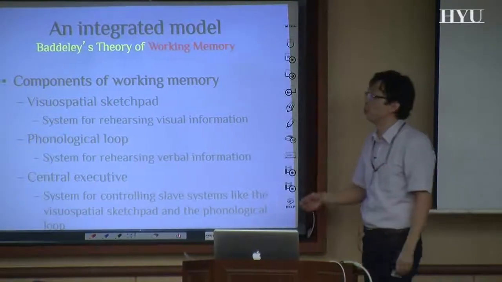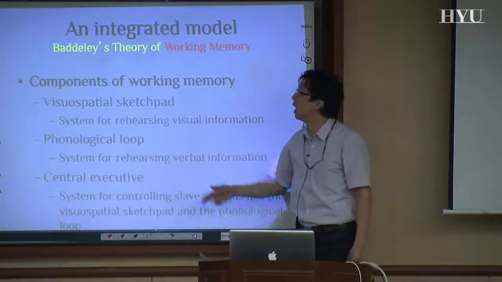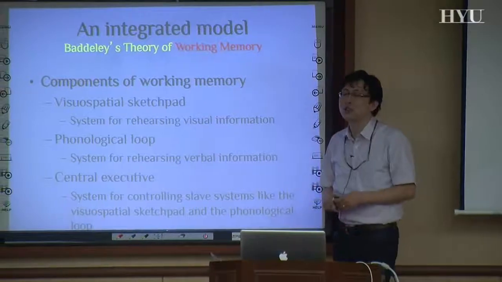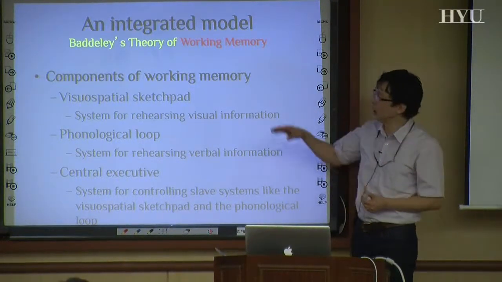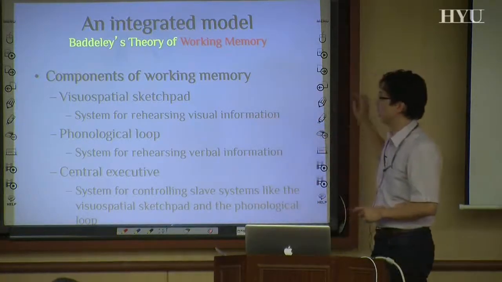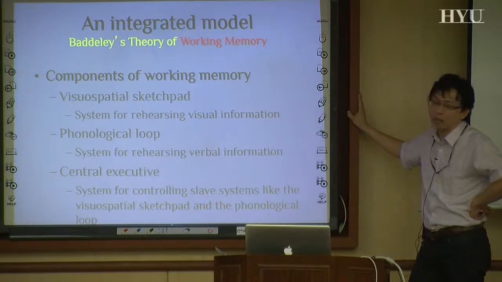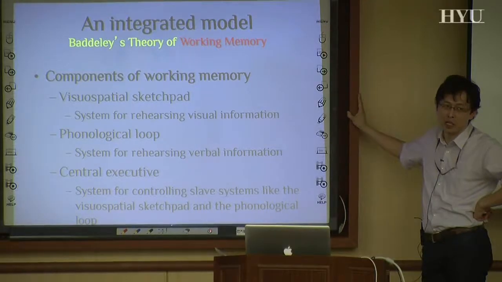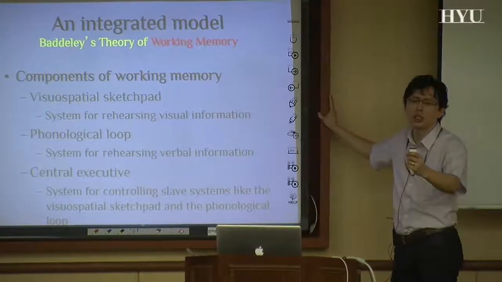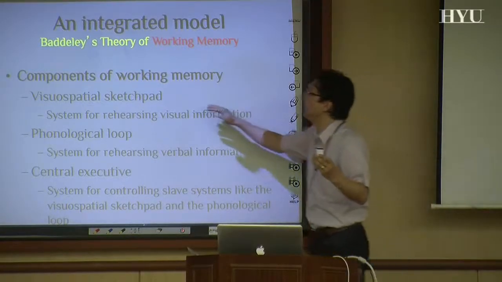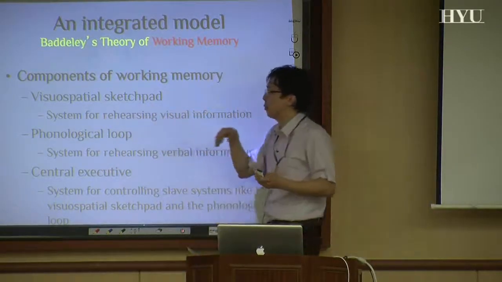So he proposed three different mechanisms, processes. One is the visual spatial sketchpad. That processes visual information, like spatial information or visual acuity. Visual perception is done by this visual spatial sketchpad.